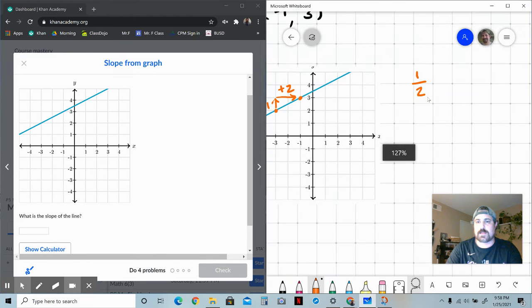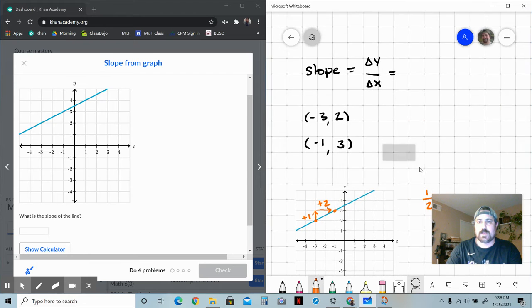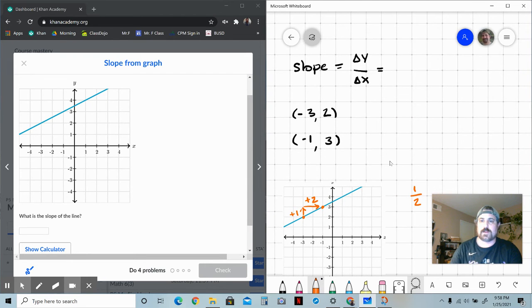Now, mathematically, you can find this as well by looking at the formula here. The formula is very fancy. It says y2 minus y1 over x2 minus x1, but it basically just means pick one of these points to be your first point, one of these points to be your second point. So let's just call this point number 1 and this point number 2. And then we're just going to find the difference in the y's and compare that to the difference in the x's.